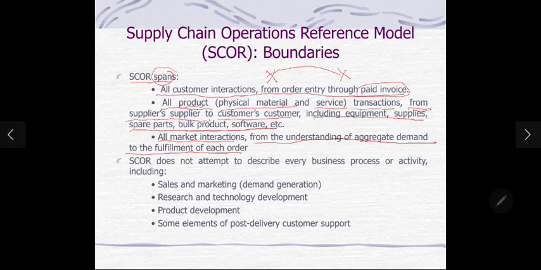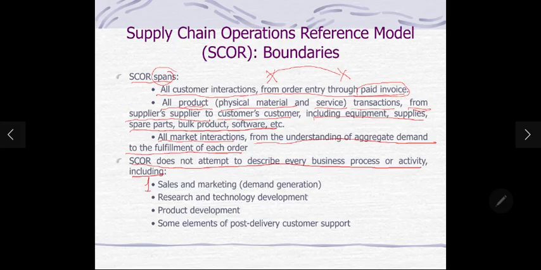It looks from this definition that SCOR covers everything. However, this is not true. If we have a look here, we find that SCOR does not attempt to describe every business process or activity. Here are some activities that are not covered by the SCOR model. Number 1, it doesn't cover sales and marketing.